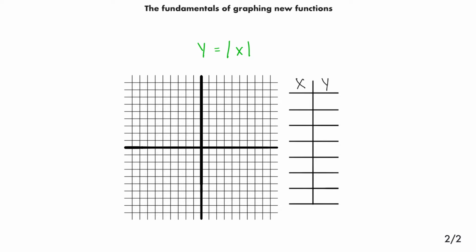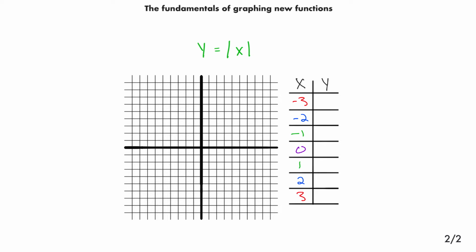The numbers we typically pick are -3, -2, -1, 0, and then their positive counterparts, 1, 2, and 3. You're going to take those values, plug them into the equation, find the output values, and then make those coordinates on a graph and fill in the picture.